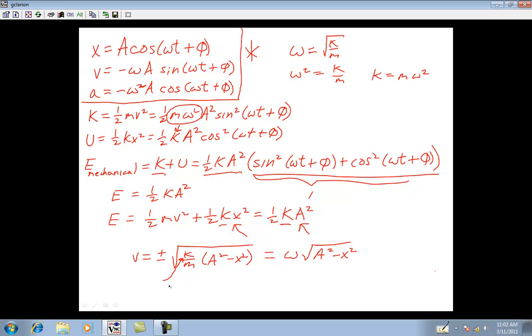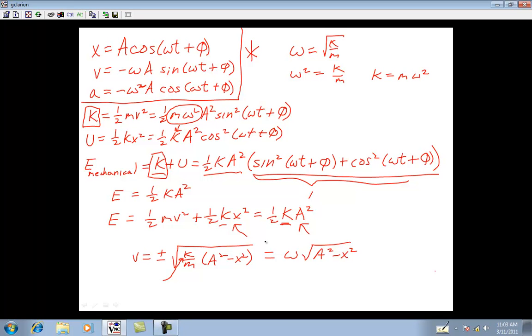The only K that I have up there that is the kinetic energy is this one right here. Are there any other Ks I have up there that are kinetic energies? K squared is the spring constant. Yes, so this K is the one for the spring constant.